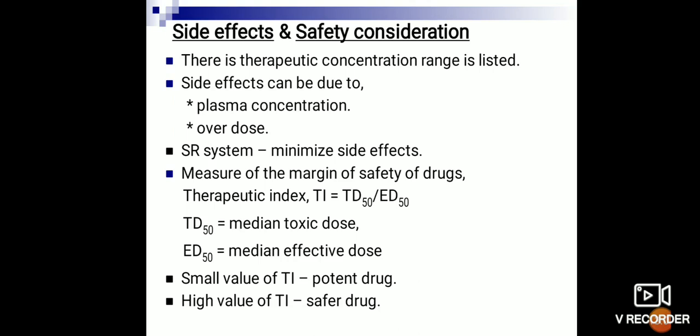So if the drug is potent, note that, because if a large fluctuation occurs in the therapeutic value, then it gives a very toxic effect in case of a potent drug. So when you prepare a sustained drug delivery system with a potent drug, that is very important for consideration.